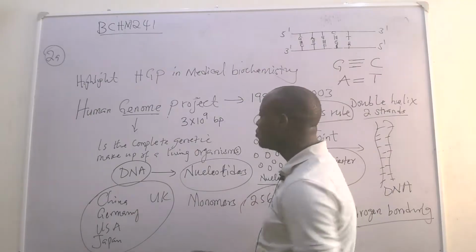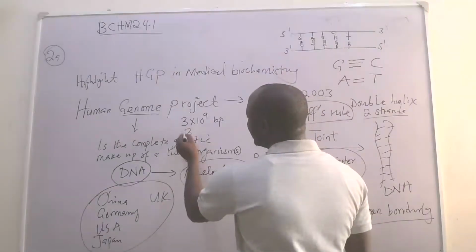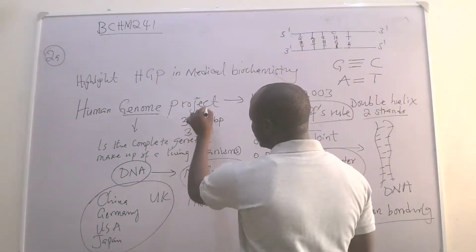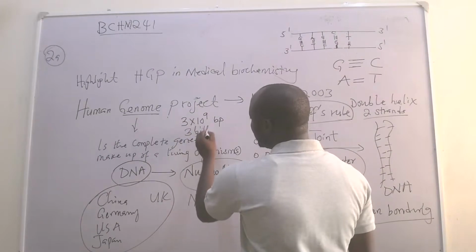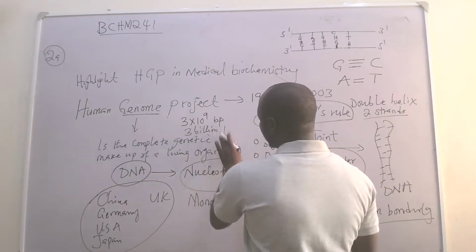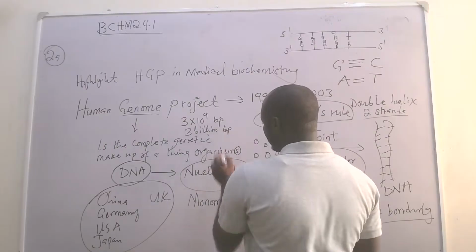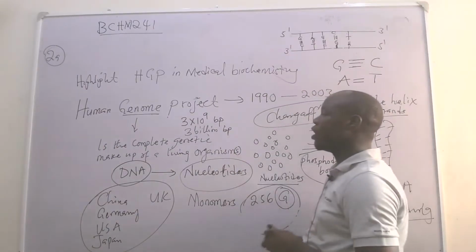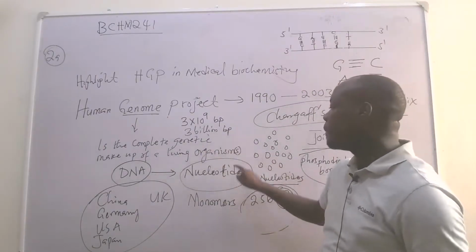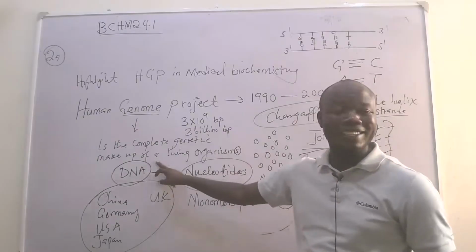So in the human genome, there are about 3 billion, the 3 times 10 to the power of 9 means 3 billion base pairs. The base pairs means nucleotides. So there are about 3 billion base pairs in human DNA.